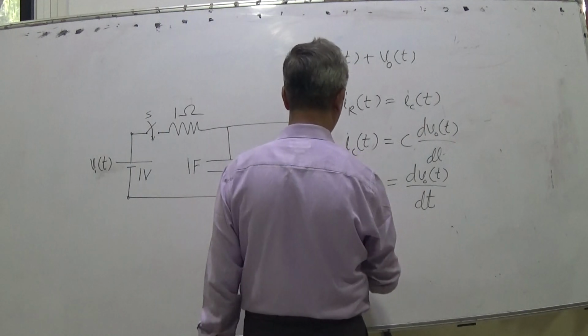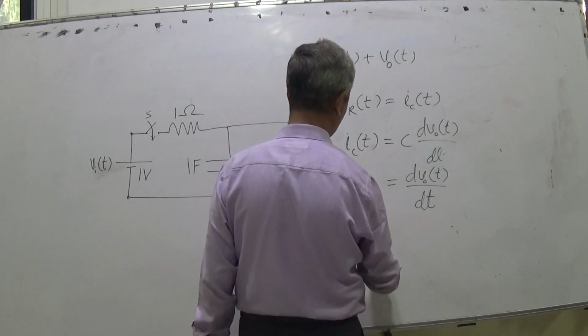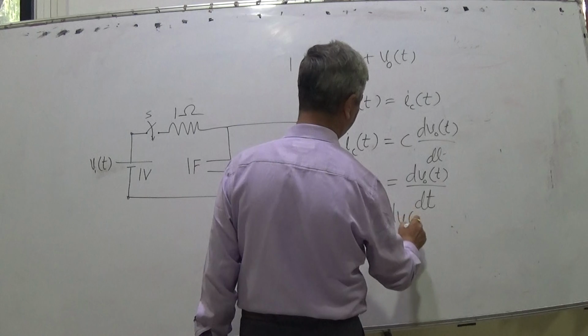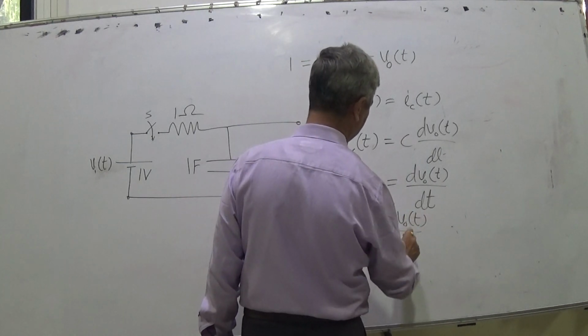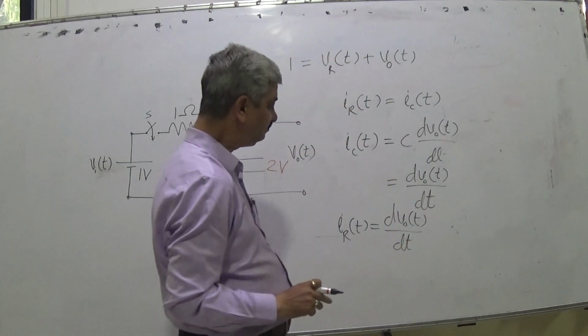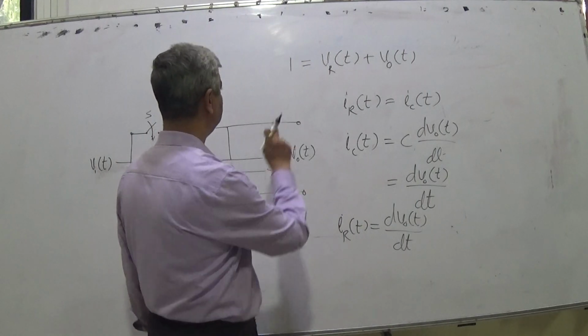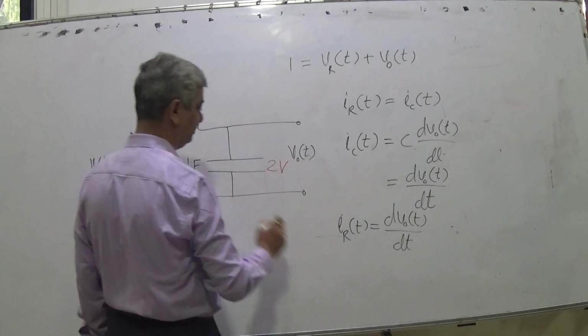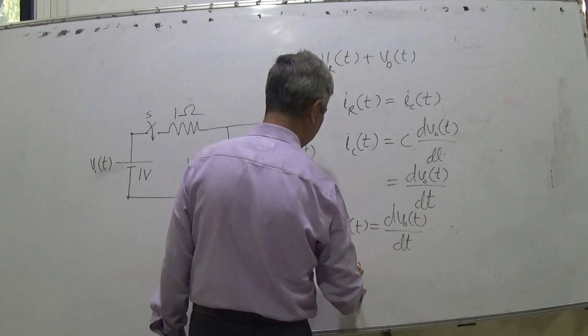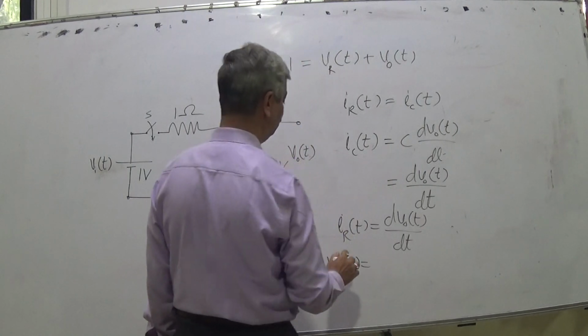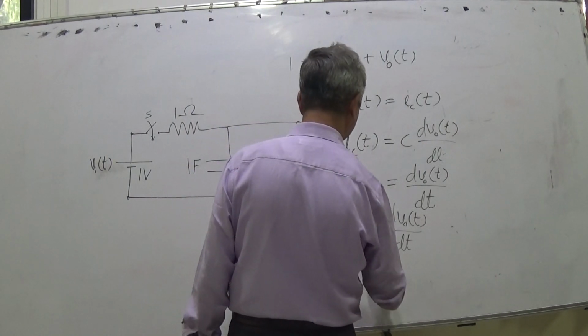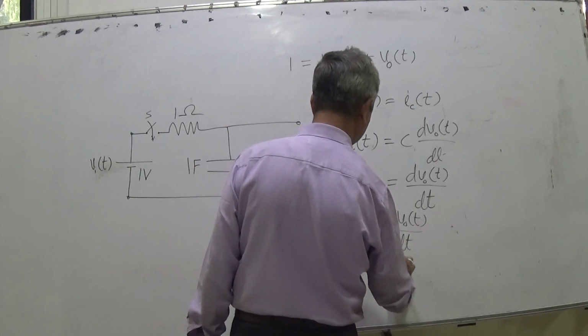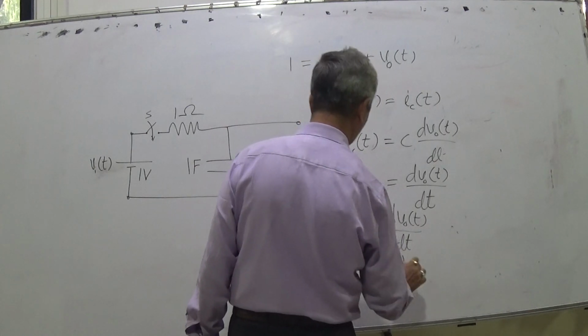So IR(t) is also dVO(t) by dt. And since R is 1, we can also have VR(t) equal to IR(t).